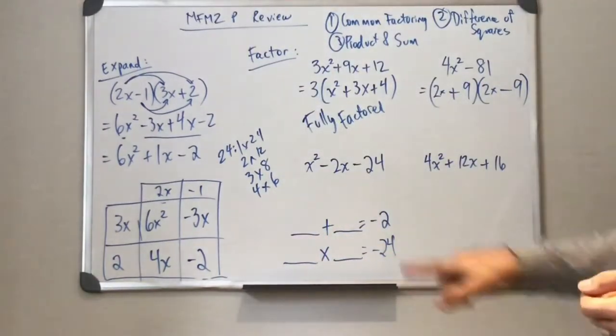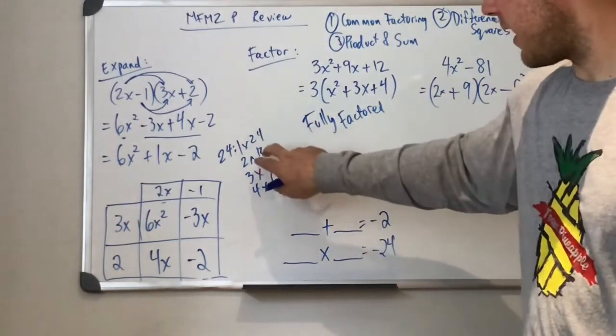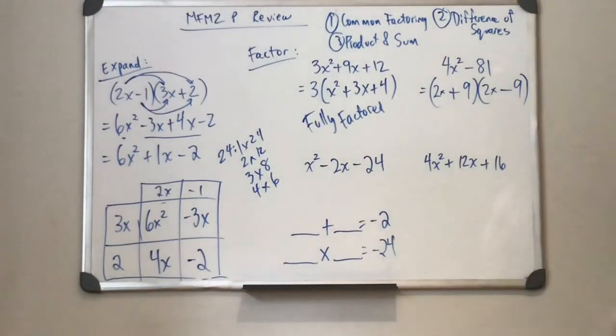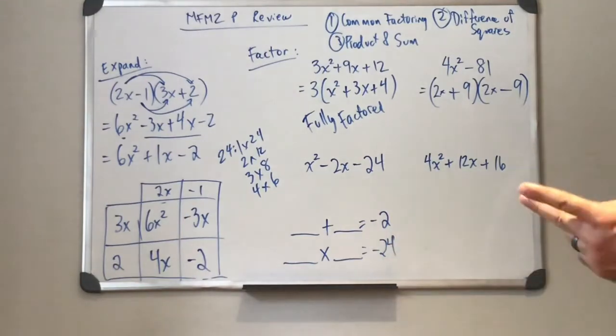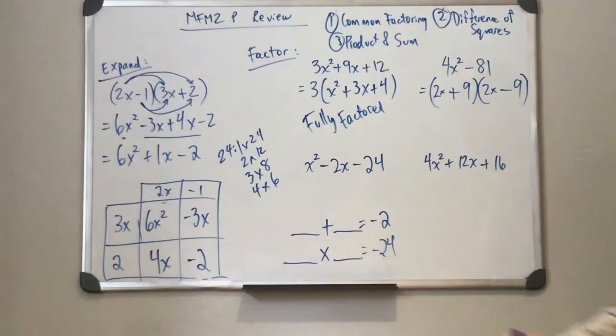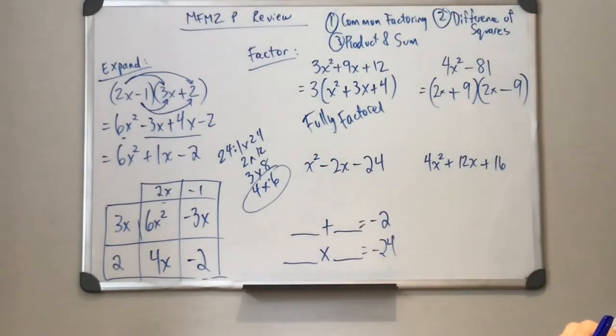Now, if we're going to multiply to a negative number, that means that one of these two numbers is going to have to be negative, and it's going to have to add to -2. If it's adding to -2, they've got to be pretty close together, and the bigger one would have to be negative. That's only going to happen here if we make our 6 negative and we have 4 times -6.